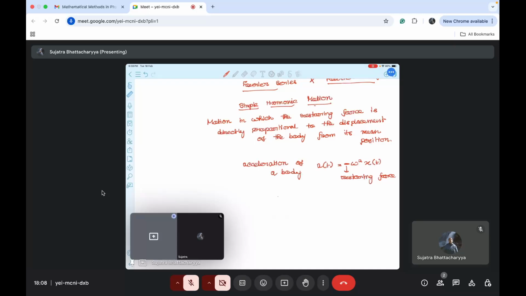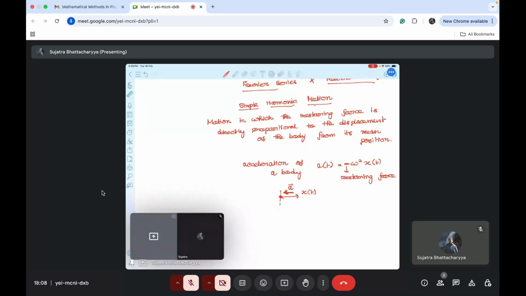Initially, if you have a body here and you try to displace it in this direction, there will be a restoring force in the opposite direction, which has the tendency to keep the body at its original position.